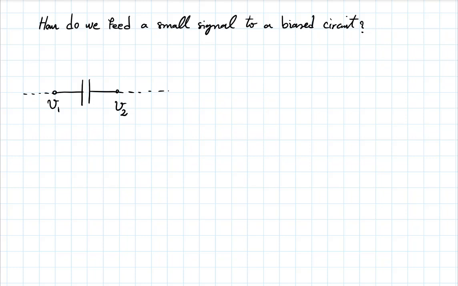Okay, so I just said that if I had a signal that was DC, with no change in time, there would be no connection between V1 and V2. On the other hand, if I applied a signal to V1 that changed instantly, then V2 would have to change instantly also.